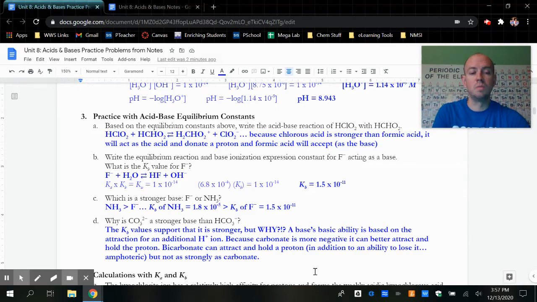The reason why, as described here, is how good is it at attracting a hydrogen ion. It has to do with the fact that this has, quote, more space, but more importantly, more attraction for that hydrogen. That -2 charge is a stronger attraction for that +1. So this can attract and hold in another hydrogen, but not quite as well as this one.